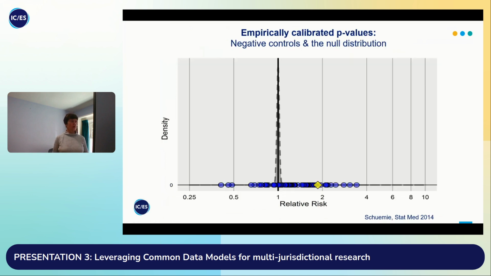So these are all treatment outcome pairs within depression. I think these were all treatments for depression. These are all negative controls, and 95% of them should fall within the 95% band of the normal distribution.